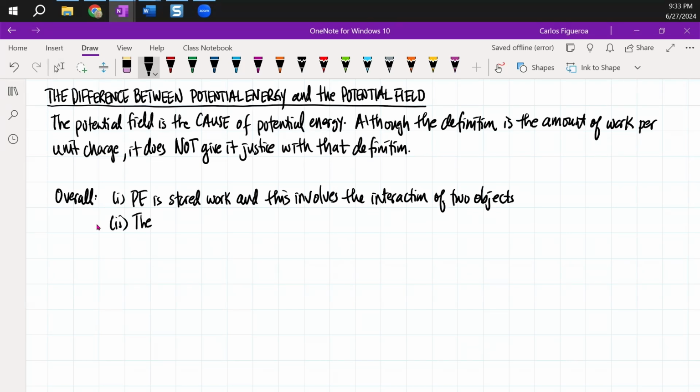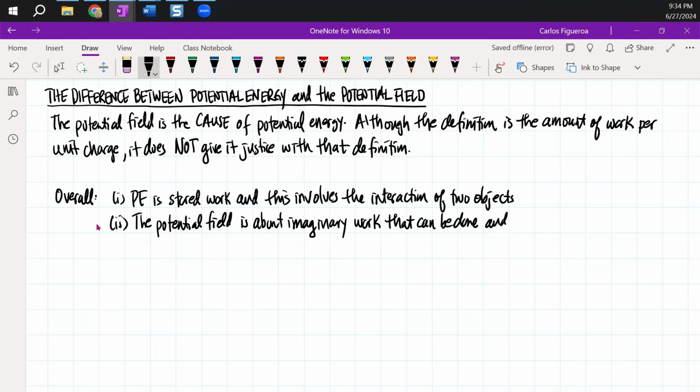The potential field is about imaginary work that can be done and only involves one object.